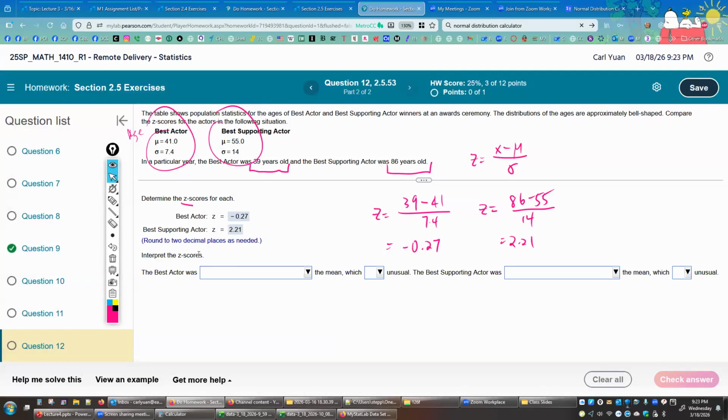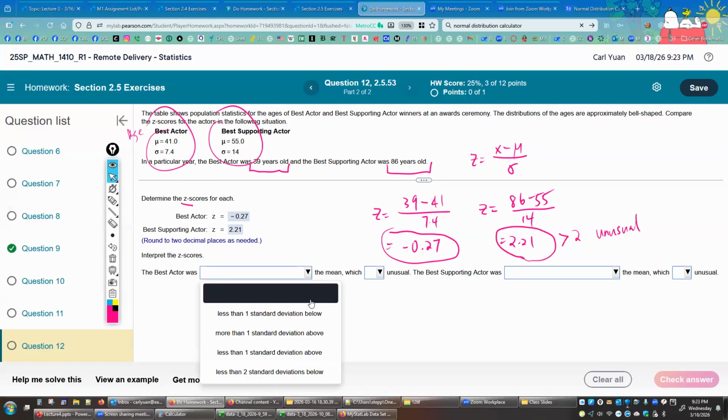Interpret the z-scores. So the best actor was below the mean, right? It's a negative number, and negative means below. Best supporting actor is way above the mean. As a matter of fact, this is greater than 2, so it's unusual. So for best actor, let's look at the selection.